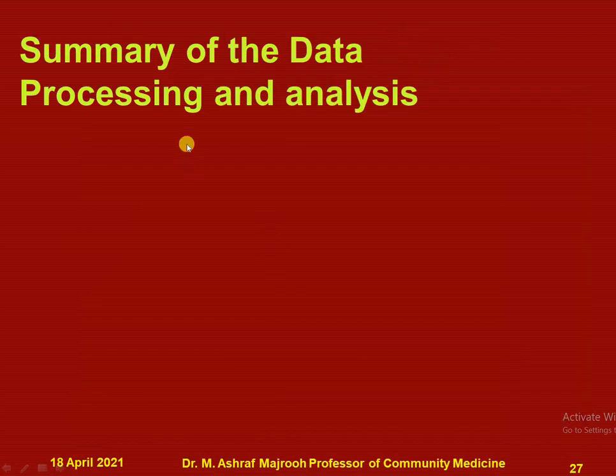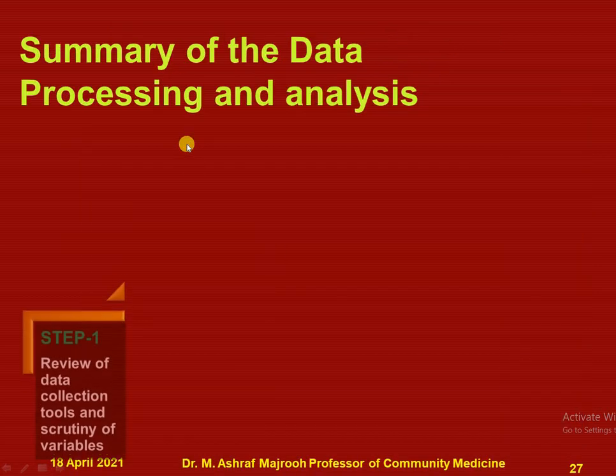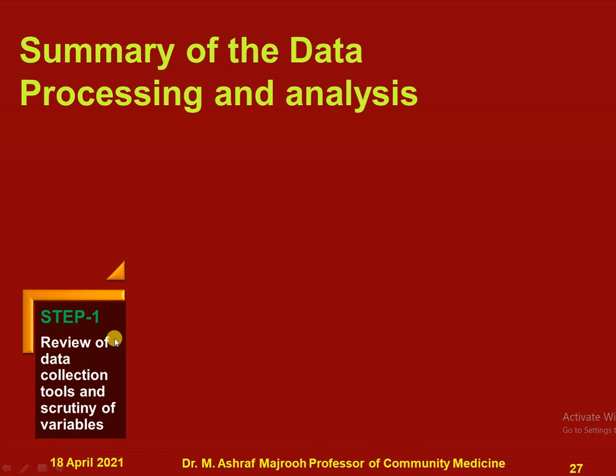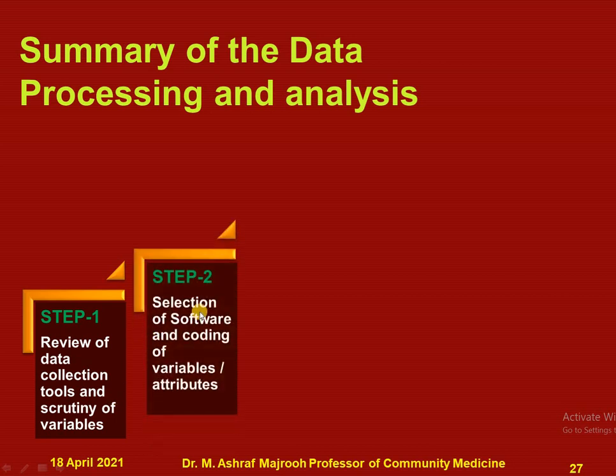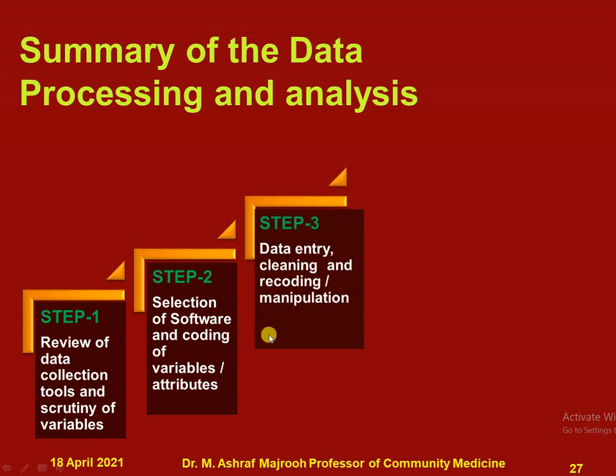So for a summary of data processing and analysis, the first step, we have already discussed, is the review of data collection tools and scrutiny of the variables. In the second step, the selection of software and coding of variables and attributes as described in previous slides. Similarly, data entry, cleaning, and recoding and manipulation of the data after its entry.